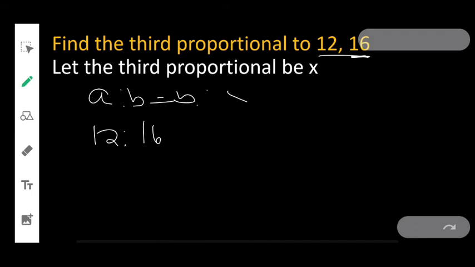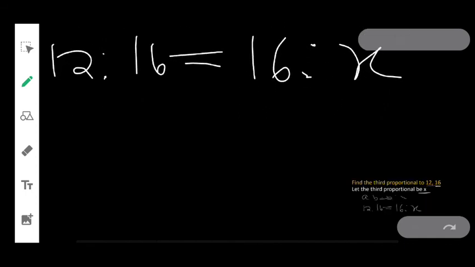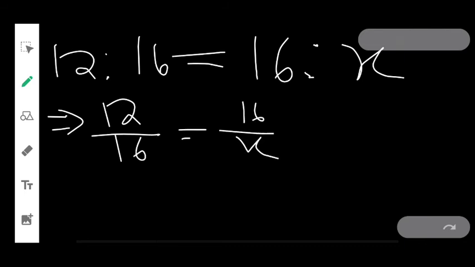So 12 is to 16 equals 16 is to C, we have to find C, that is the third proportional. This third proportional is X. So now we can write this as 12 by 16 equals 16 by X.